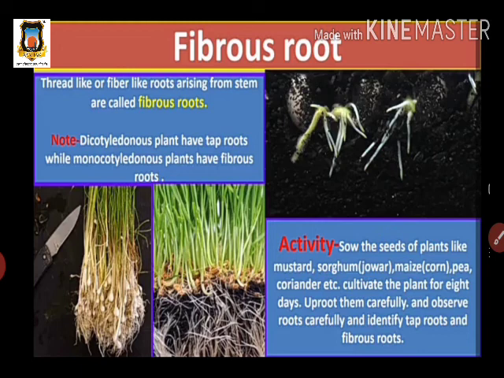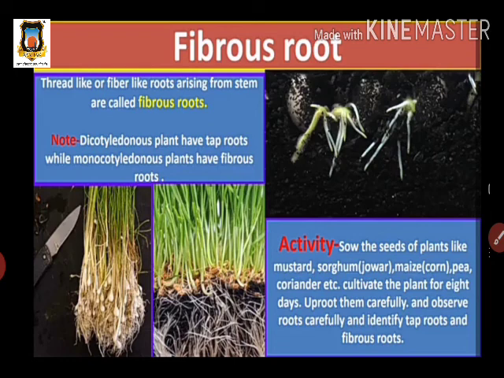So here they give us an activity, that is, sow the seeds of plants like mustard. Another activity you can do is to sow the seeds of plants like mustard, sorghum, that is jawar, maize, means corn, pea, coriander, etc. in an earthen pot, means one which contains soil.